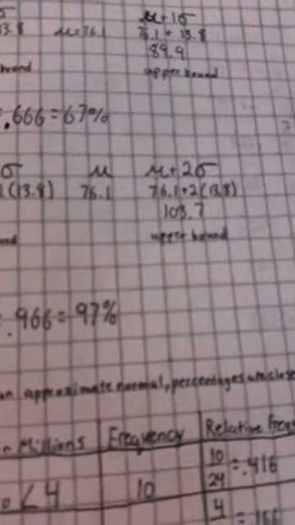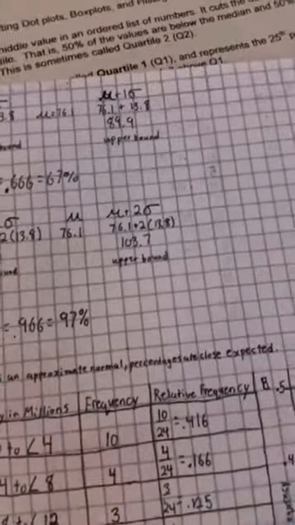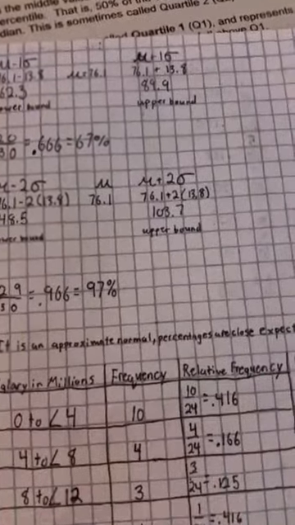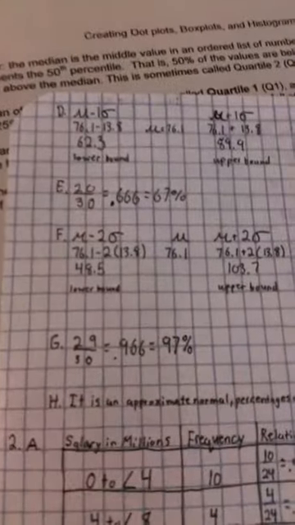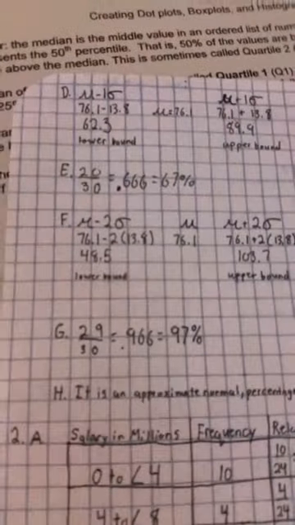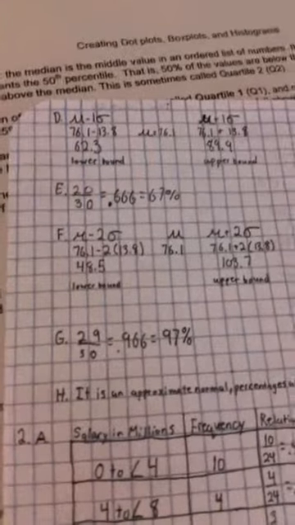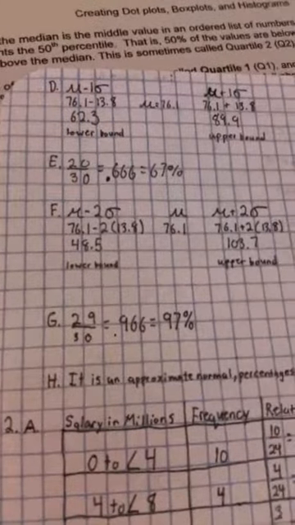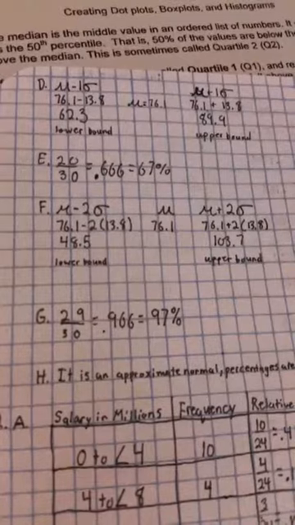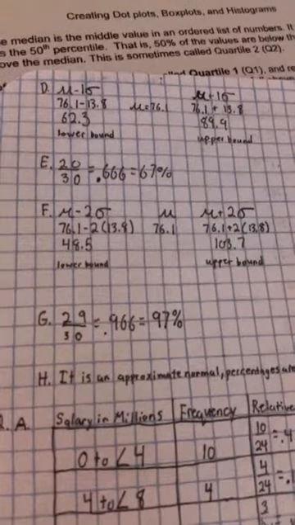For F, we have to calculate the interval that contains values within 2 standard deviations of the mean. So that means that instead of doing 1 standard deviation, you just do 2 standard deviations instead of 1. So it'll be 76.1 minus 2 times 13.8, and then 76.1 plus 2 times 13.8.